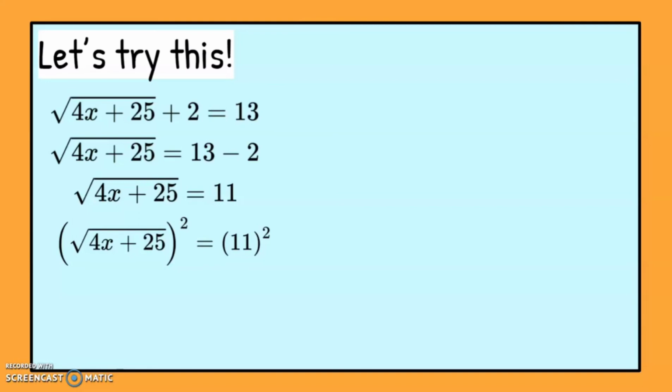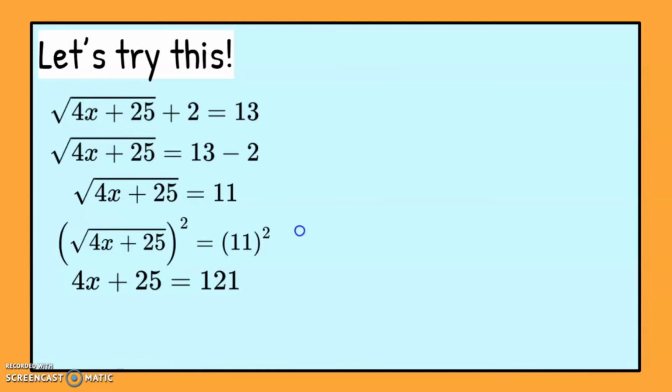Squared and square root will equal to 1, so we'll only have the radicand, which is 4x plus 25 equals 11 squared is 121. To solve for the value of x, we have to transpose positive 25 to the right side of the equation.